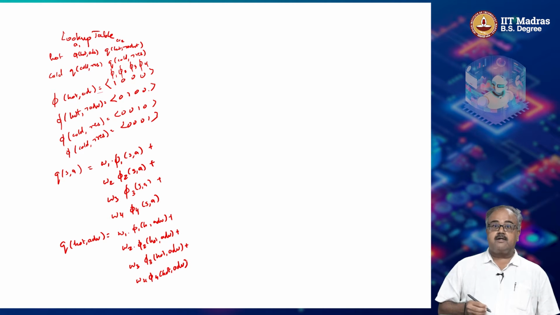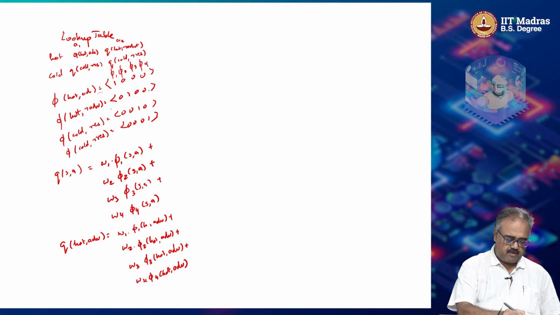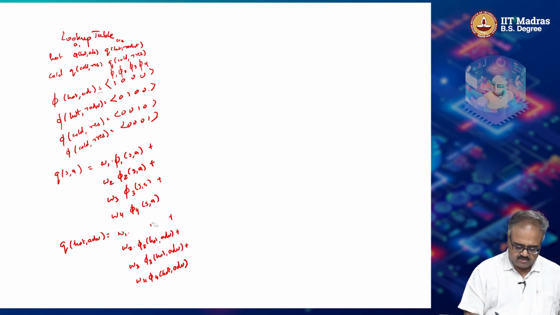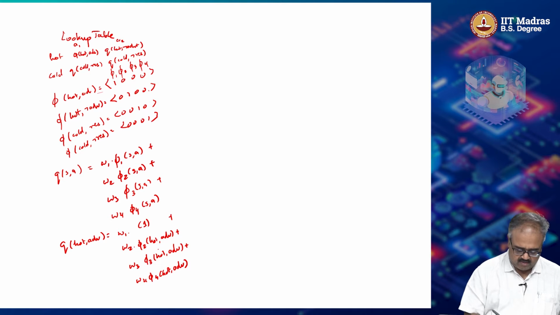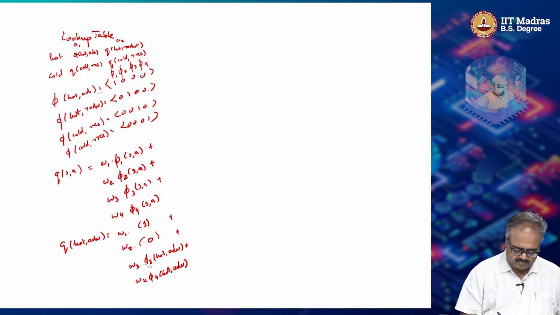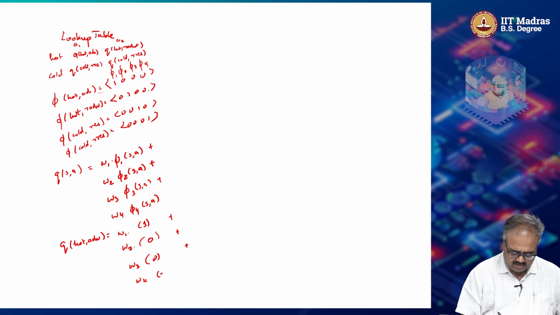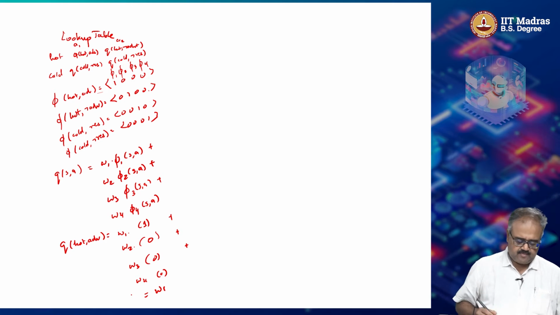Now, let us fill in what phi 1, phi 2, phi 3, phi 4 are. The phi 1 of hot comma advertise is 1, so I will write 1. Then phi 2 of hot comma advertise is 0, and phi 3 is again 0, phi 4 is again 0. So, this is equal to W1.